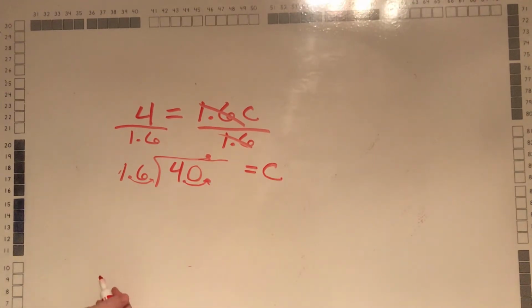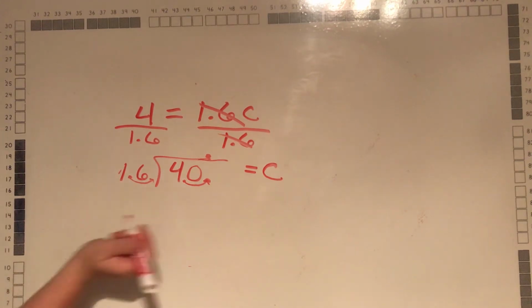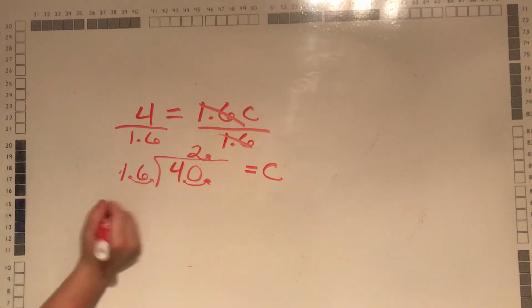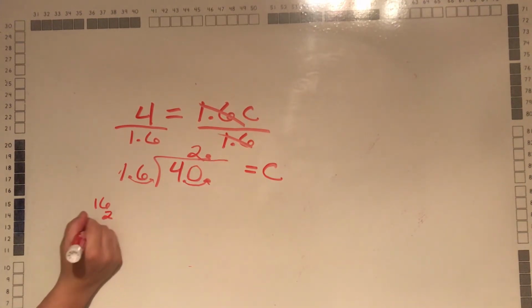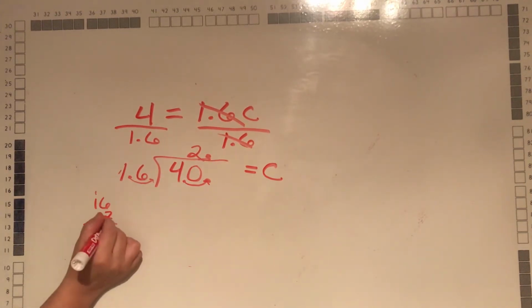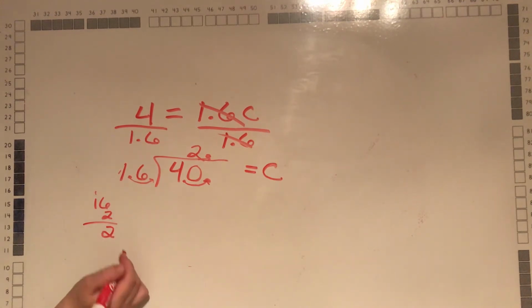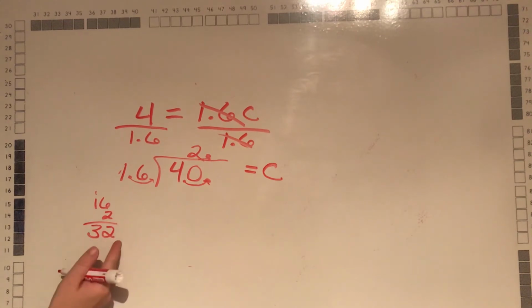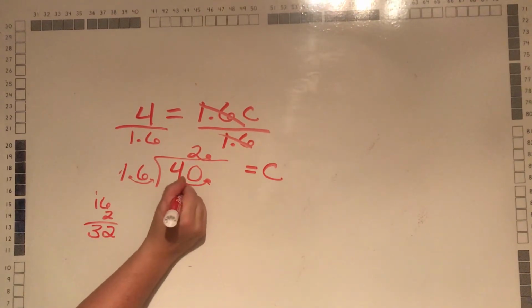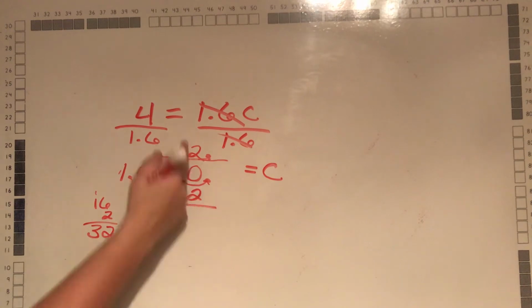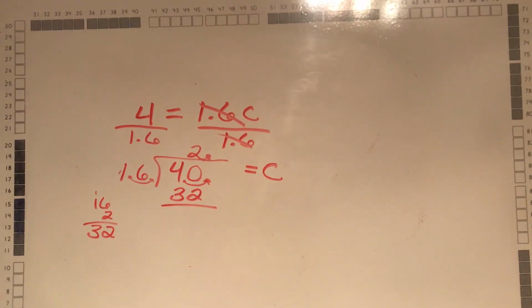So 16 goes into 40 how many times? Well, let's try 2. So over here we have 16 times 2. 2 times 6 is 12. 2 times 1 is 2, plus 1 is 3, so 32. So obviously we're not going to be able to add any more 16s into 40.